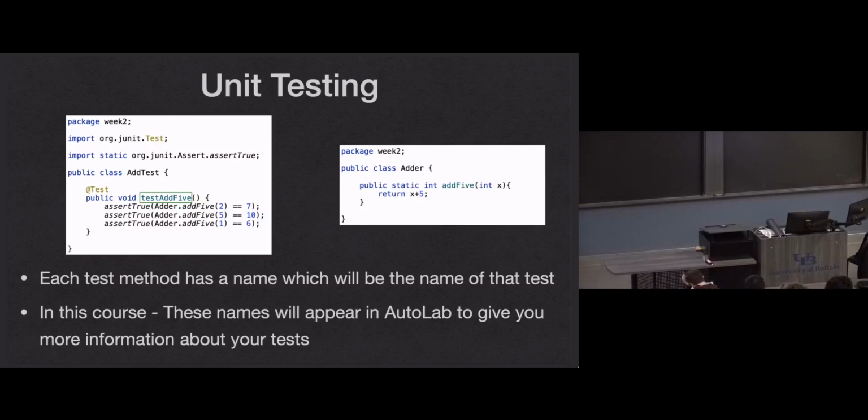But AutoLab will give you different feedback on each of your tests, each method annotated with the test annotation. I recommend naming these something meaningful. A lot of you won't. That's fine. I'm not going to stop you. But I recommend naming these something meaningful to make some use out of that feedback to help your debug process.